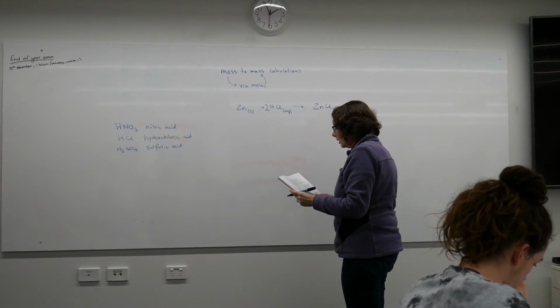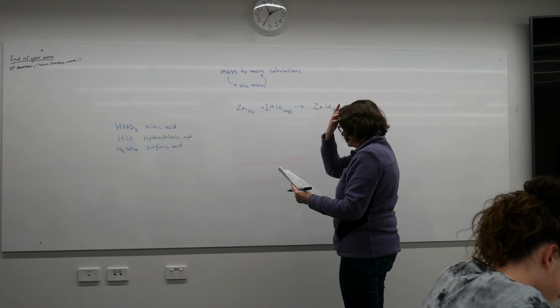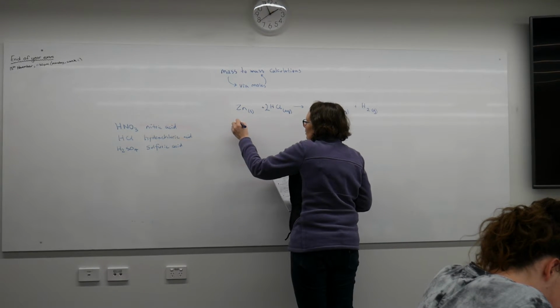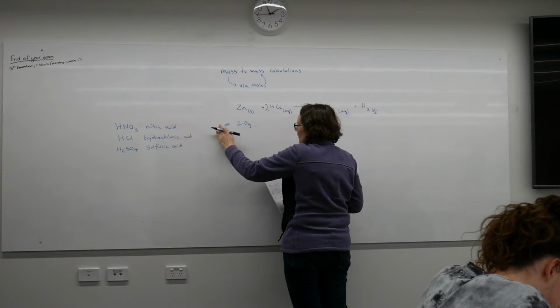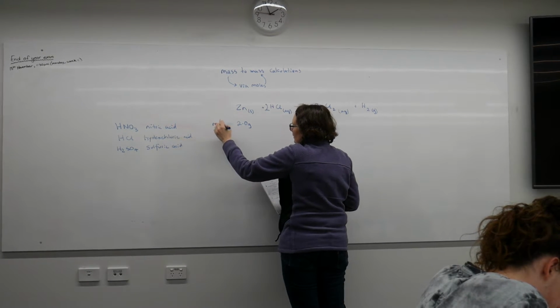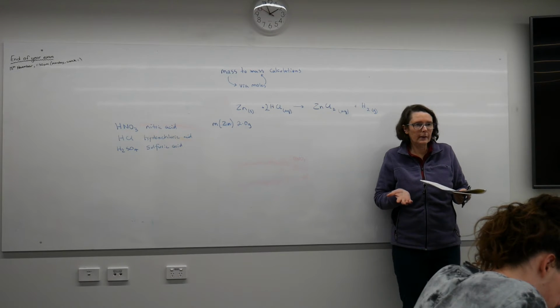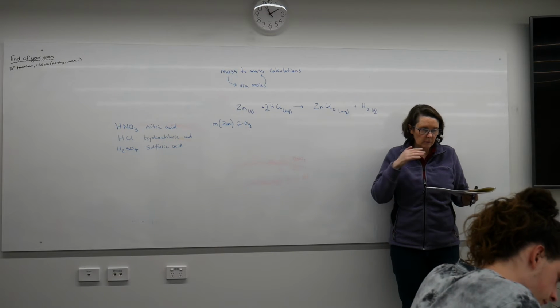So we want to know what volume of that hydrochloric acid we need to react completely with 2 grams of zinc. We've got 2.0 grams of zinc. We can't use the grams, we must find the moles.